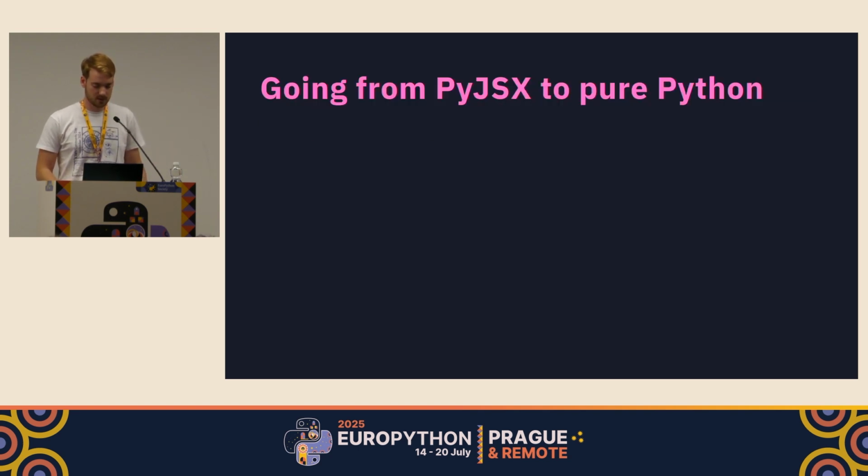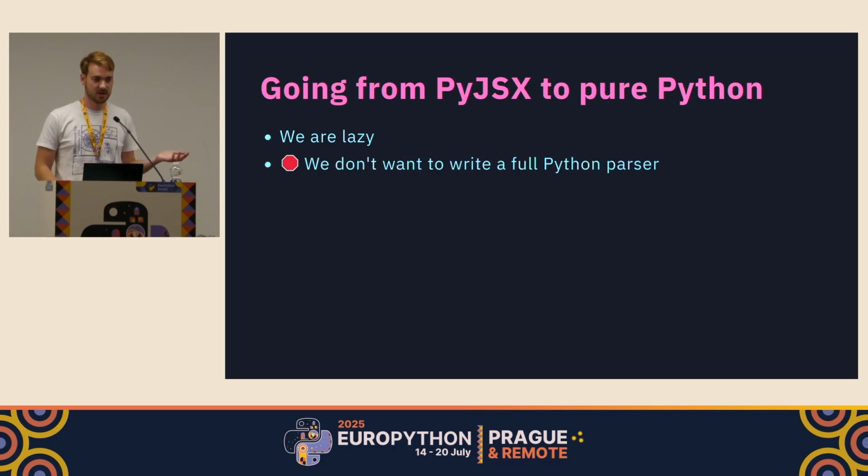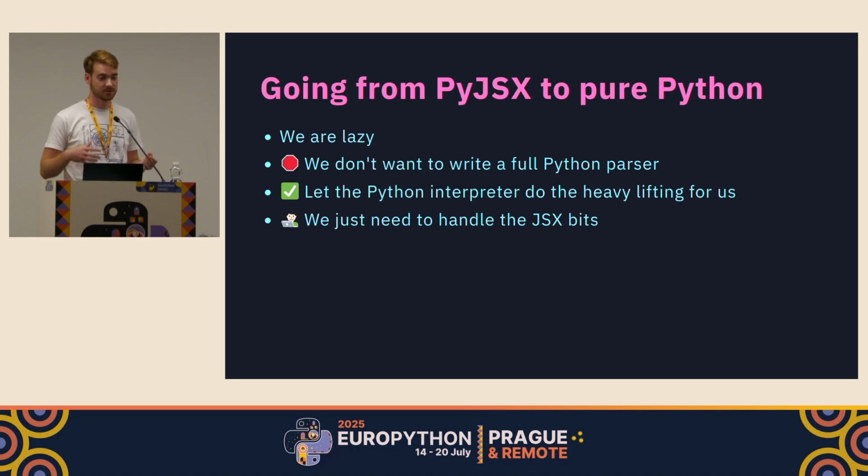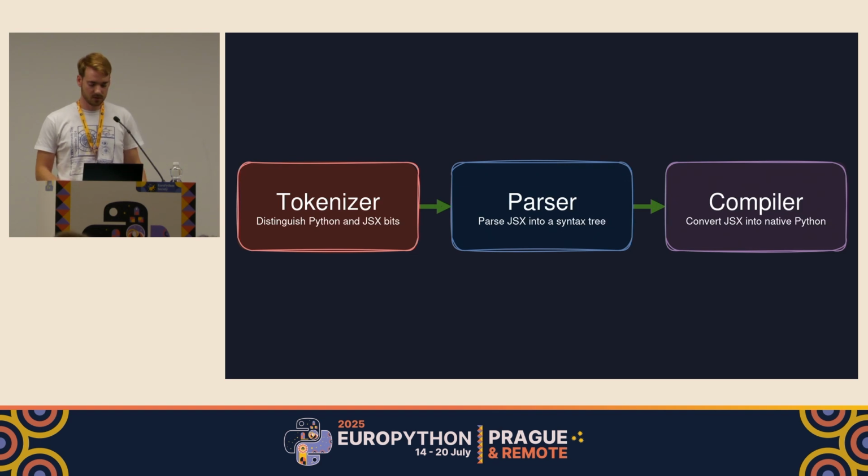We are, of course, engineers, and we are lazy, so we don't want to re-implement the whole Python parser and tokenizer and everything. But it turns out we actually don't have to. We can let the Python interpreter do all the heavy lifting for us, and we just need to handle all the JSX parts, all the extra things that we are adding. I'm going to show you how this is done. There are basically three main stages to this.